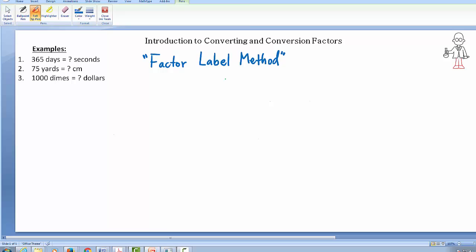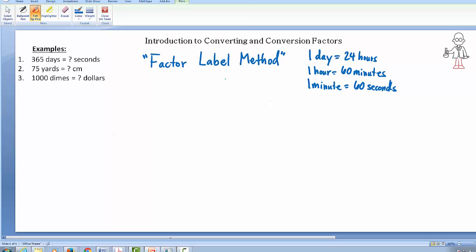So for this problem, we'll be using these three conversion factors. 1 day equals 24 hours. 1 hour equals 60 minutes. And 1 minute equals 60 seconds.